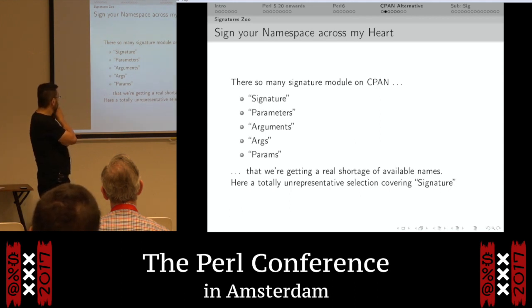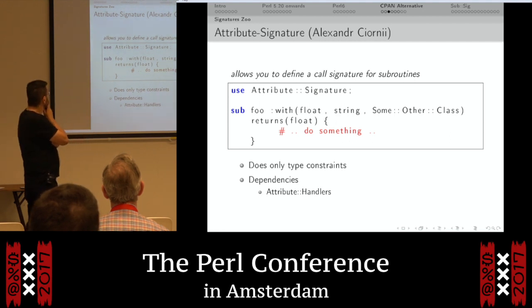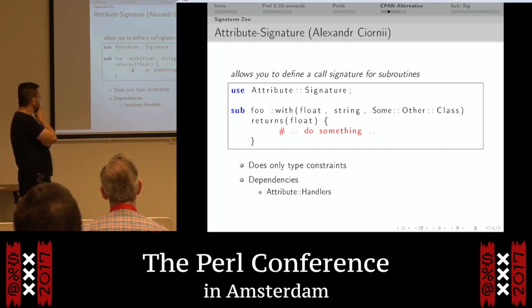And I will show you a totally unrepresentative selection covering signatures. There is one called attribute signatures. Sounds good. But it just allows you to define a called signature, which means you can define type constraints. That's all.